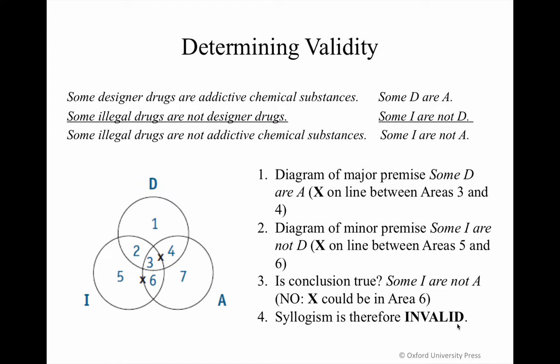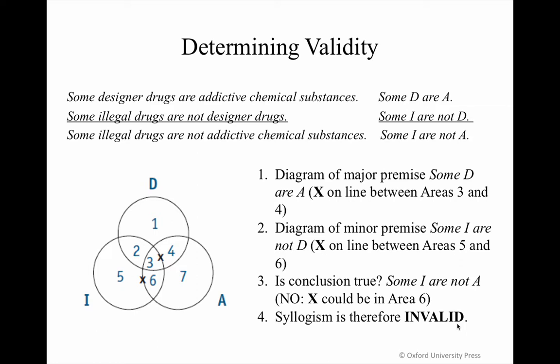What is the mood and figure of this argument? Well, we have a particular affirmative, a particular negative, and a particular negative. That's IOO, figure 1. Check your chart to make sure that you see what I've just said. Now let's take a look at the diagram.